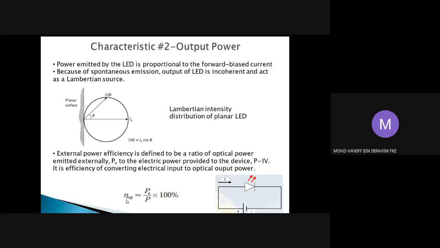The external power efficiency is calculated as the optical power emitted, PE, divided by the electrical power, multiplied by 100%. Based on this diagram, PE is the red light here, and the electrical power is the multiplication of I and V. This determines the efficiency of the emitted power over the electrical power that operates the device.